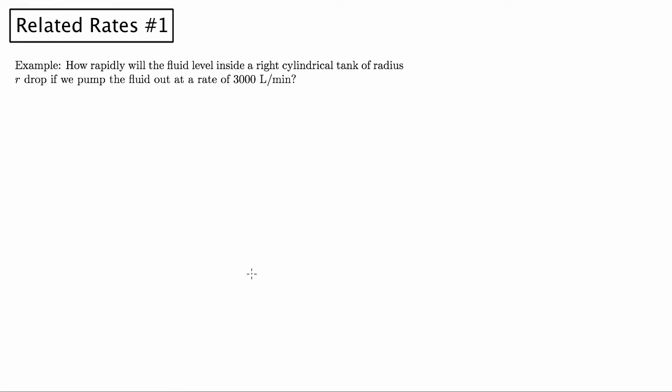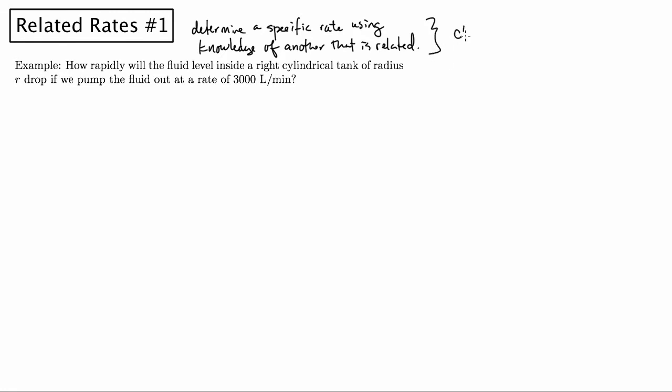Essentially, when you look at a related rates problem, the idea is to determine a specific rate using knowledge of another rate that is related, and this process almost always involves an application of chain rule or other associated derivative rules.